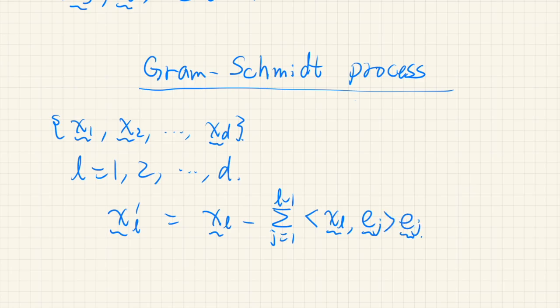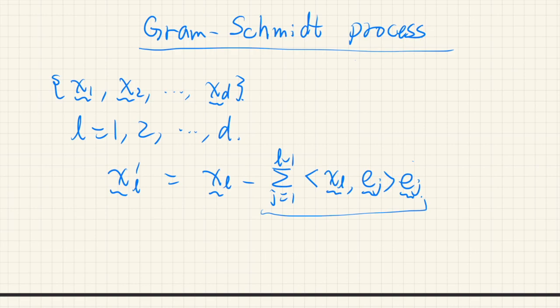When l is equal to 1, this term is absent, but from l equal to 2 and upwards, we have some ej already defined by this process. So el is just a normalized version of this: xl prime divided by its norm.